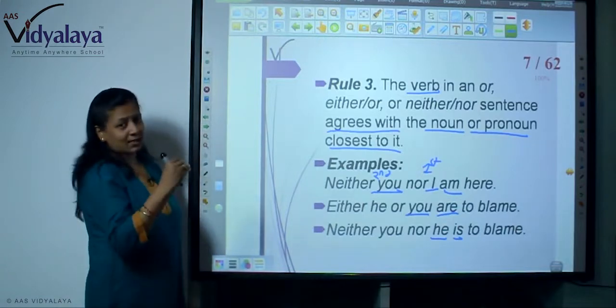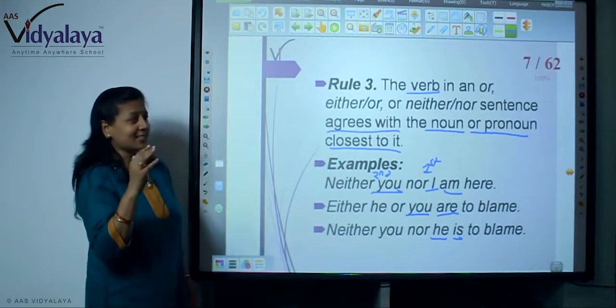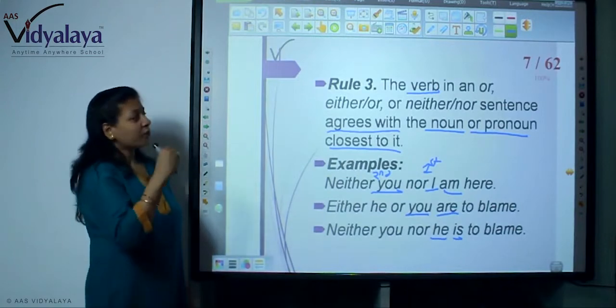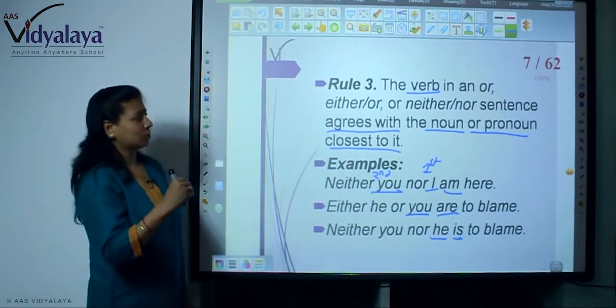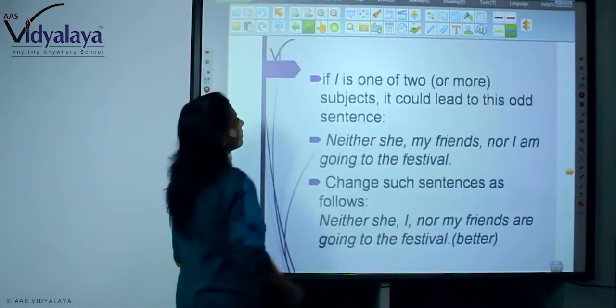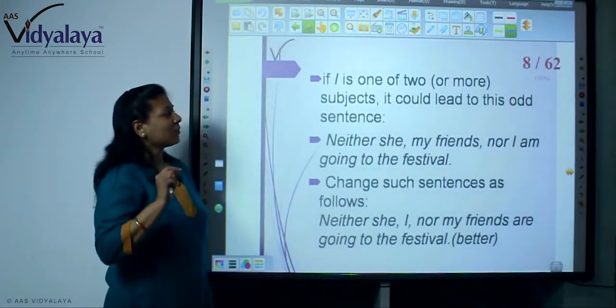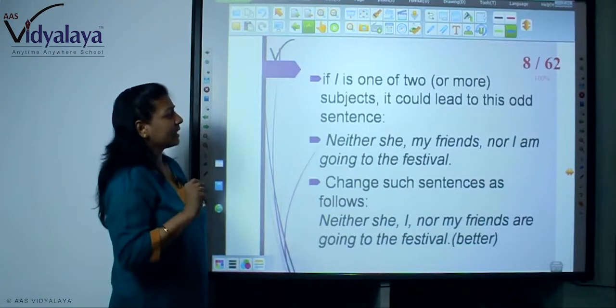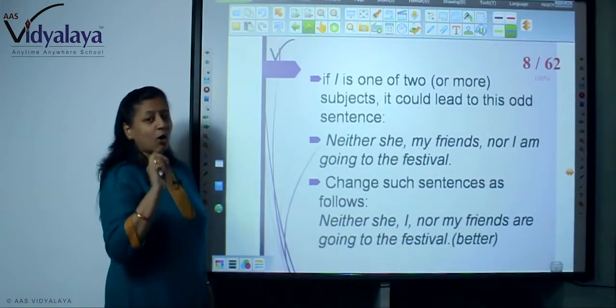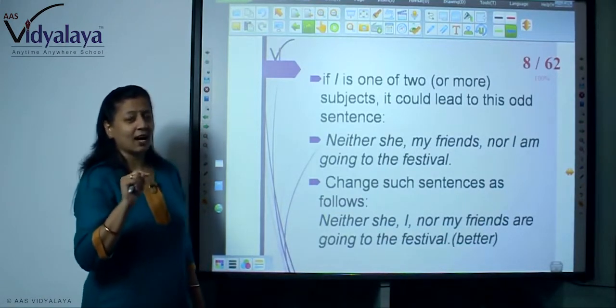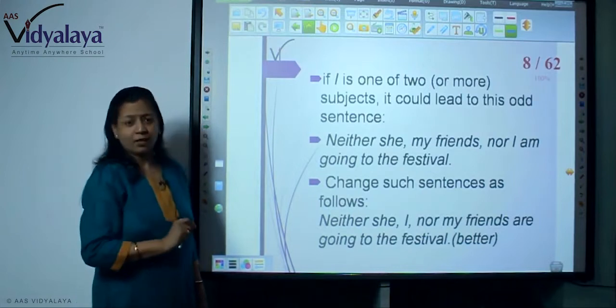Now, after three slides, you must be getting an understanding of how it works. First rule, second rule and third rule. Now, if I is one of two or more subjects, it could lead to an odd sentence. Always remember, if I is there, the verb is always am, right?